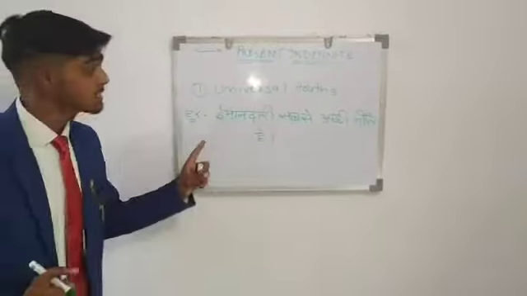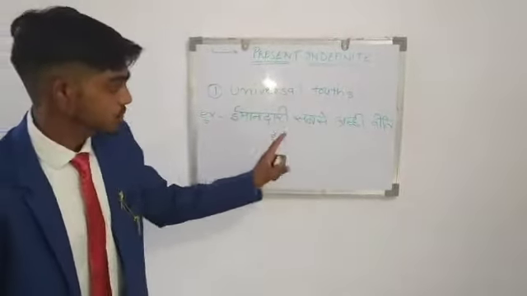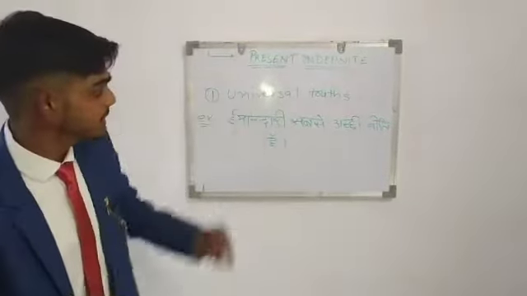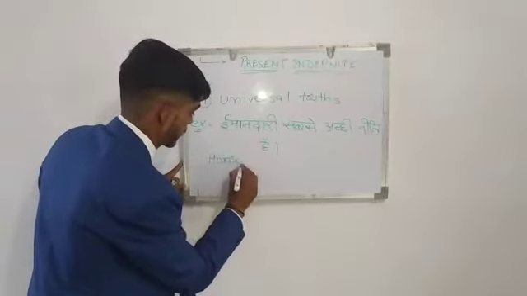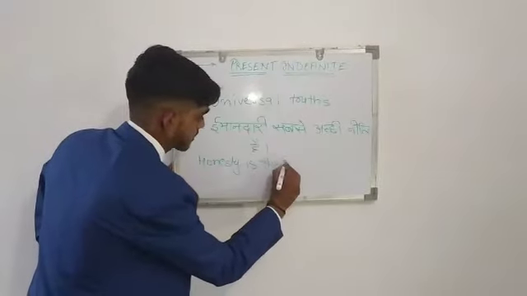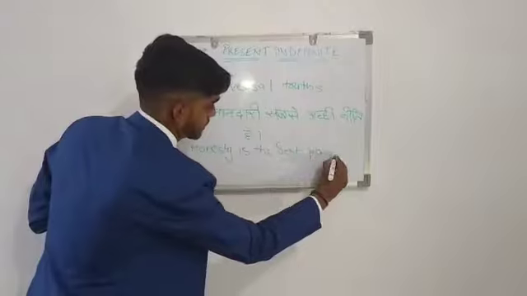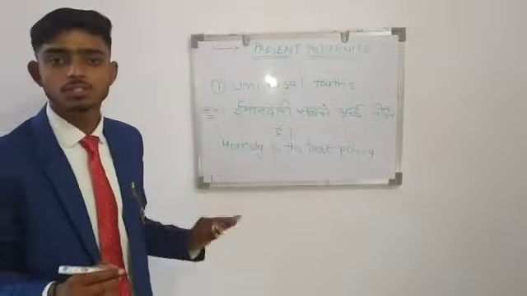So this is just a universal truth, and if we want to describe this situation, we will have to go in further categories of present indefinite tense, that honesty is the best policy. So this is the example of universal truth if we want to describe any universal truth.